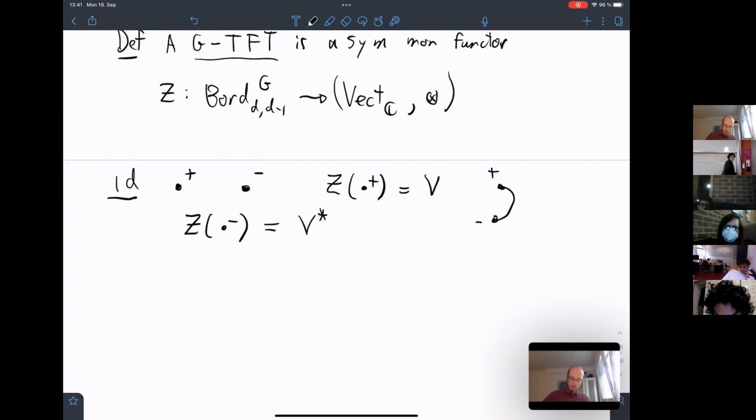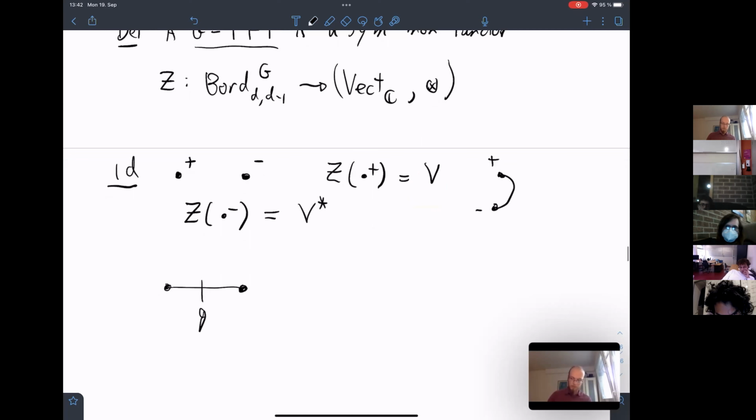And if you have such a G, then there are more interesting bordisms, it turns out. So for every G you can make the interval into a G-manifold. So just schematically putting some G here. And it's not necessarily a bordism between plus and plus, but it can be a bordism between plus minus and plus.